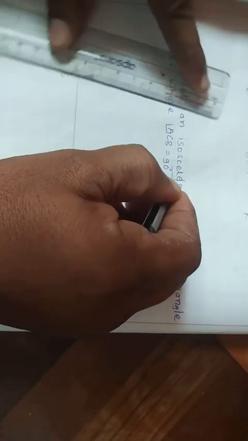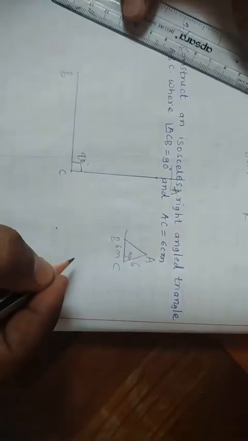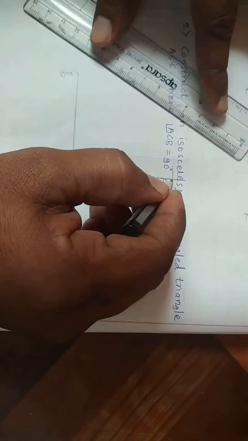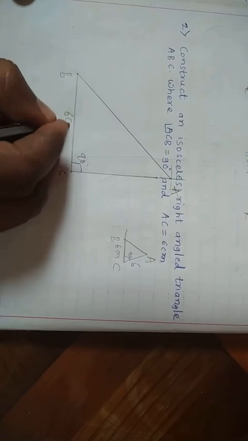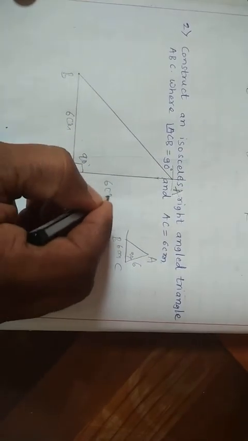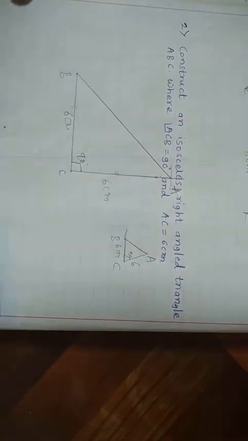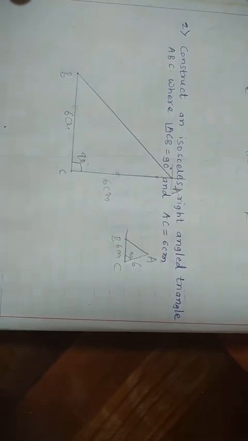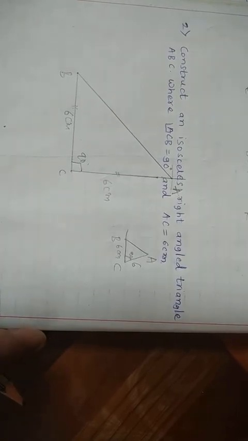Here they meet each other, and name this point as A. Now join A and B. This is 6 centimeters and this is also 6 centimeters. It is an isosceles triangle because in this triangle both these sides are equal. So this is the required construction for the given measurements.